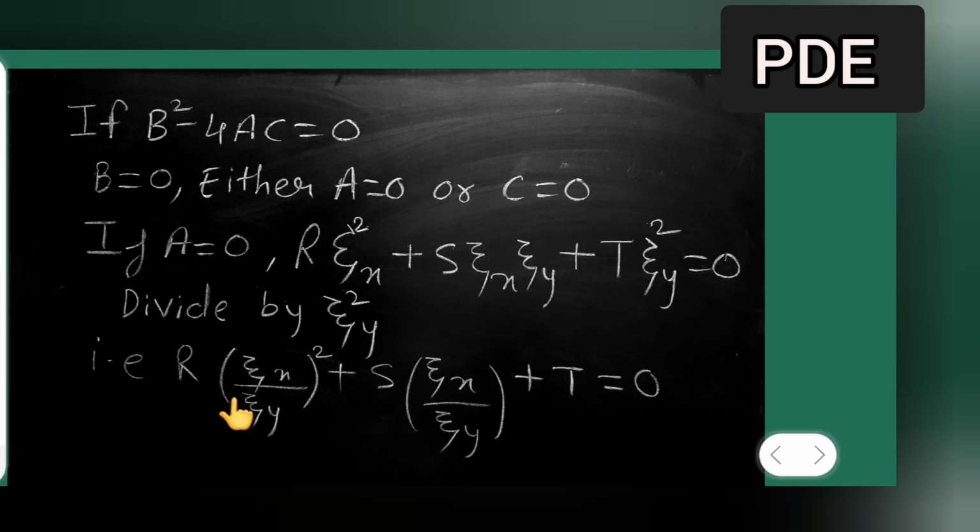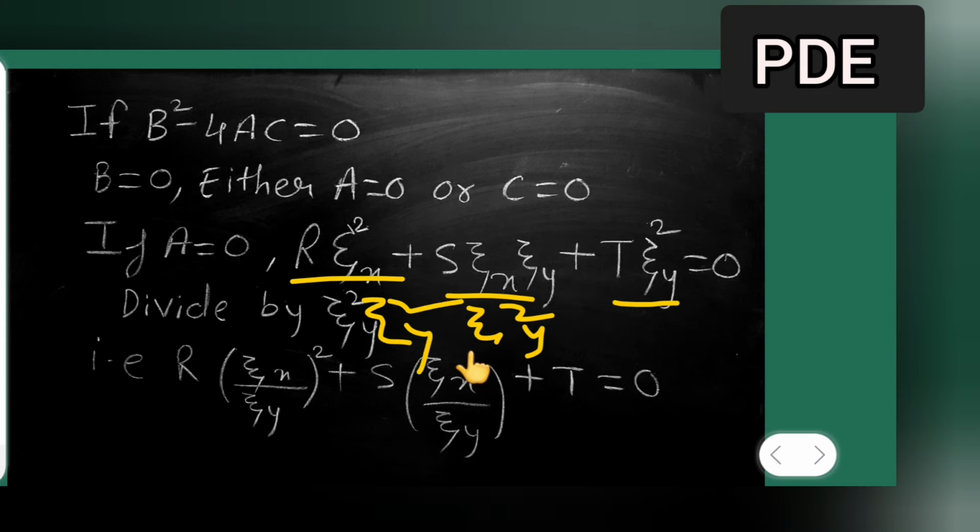I am going to get r xi x upon xi y in the bracket the whole square, because square will be for both, plus s, write it as it is, upon xi y, this xi y will get cancelled, only one xi y will remain, so xi x upon xi y, plus t is equal to 0, because xi y square will be getting cancelled, as I will be dividing each term by xi y the whole square. So this term will get cancelled, this will get cancelled, this will remain, okay.